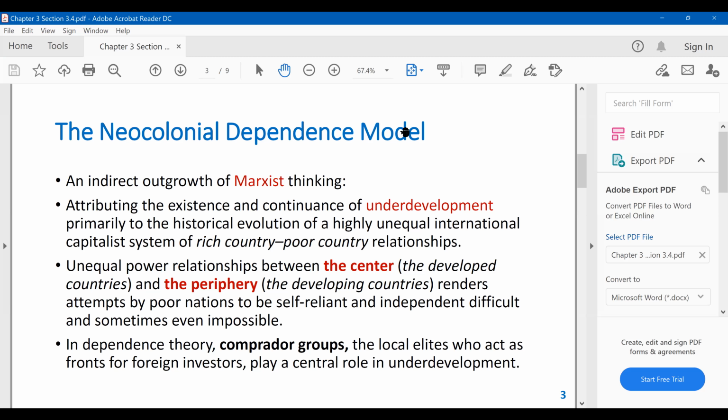In that fourth class, we see countries that are poor, that remain poor, and that have almost no economic or political power in global capitalism.